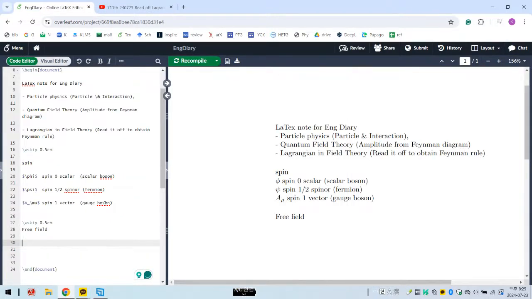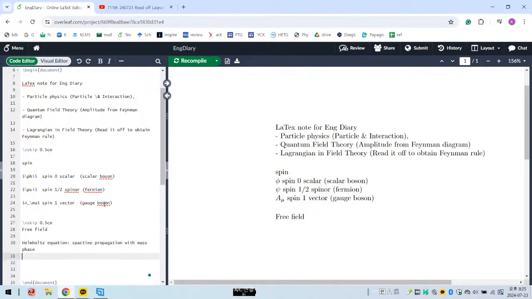Right, so the free field. From combining special relativity theory and quantum mechanics, we can construct the free field Lagrangian. First of all, it takes the form of the Helmholtz equation. The Helmholtz equation means that there is some space-time propagation with mass.